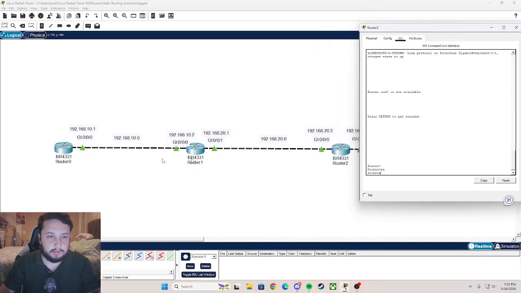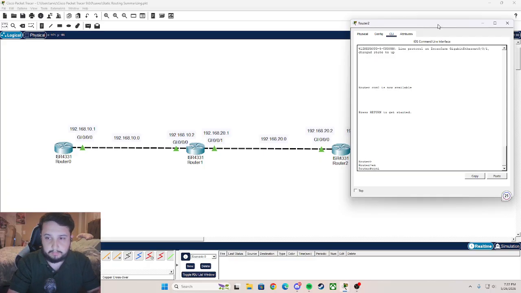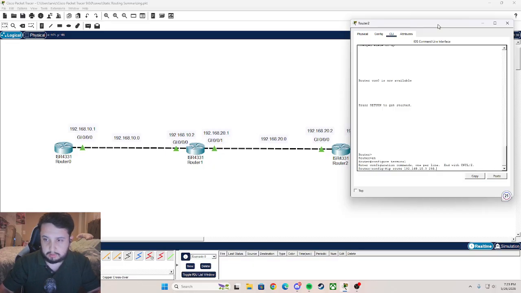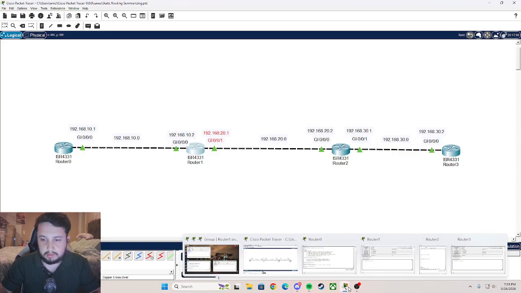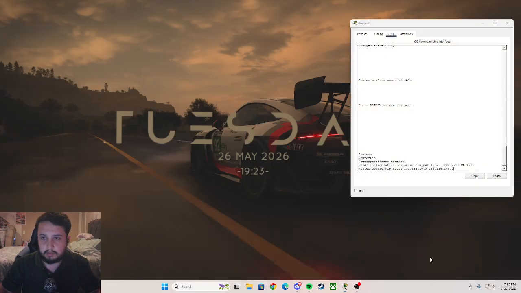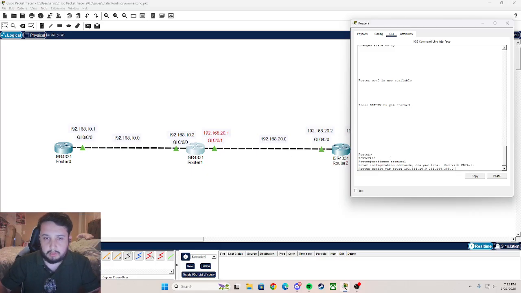Let me set up so that my router can speak to router 0. Next hop, this one is the interface that it's got.